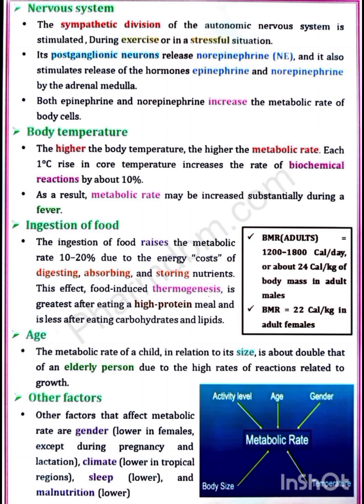The metabolic rate of a child in relation to its size is about double that of an elderly person due to high rates of reactions related to growth. Other factors. The other factors that affect the metabolic rate are gender, lower in females except during pregnancy and lactation. Climate, lower in tropical regions. Sleep lowers it, and malnutrition lowers it.